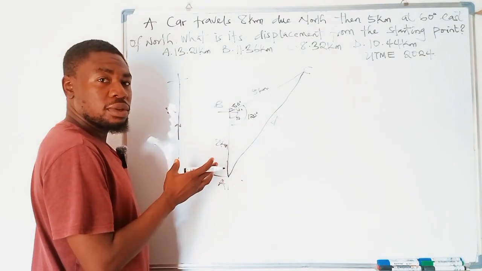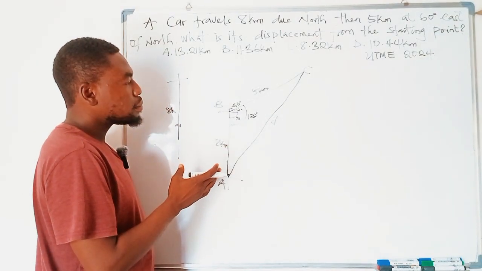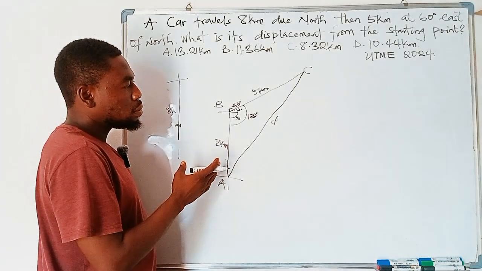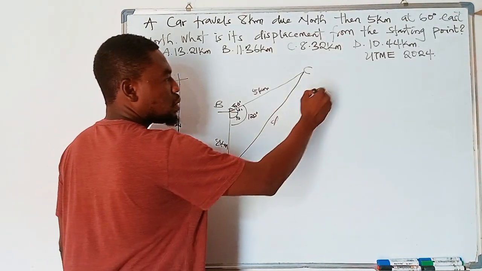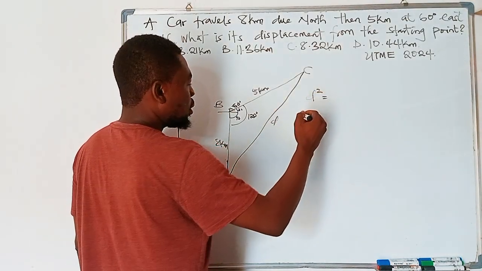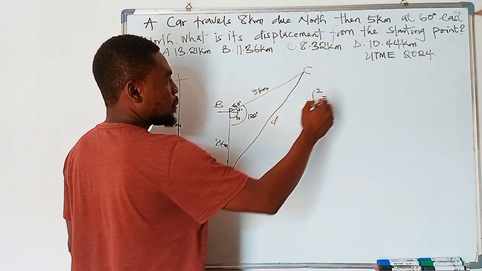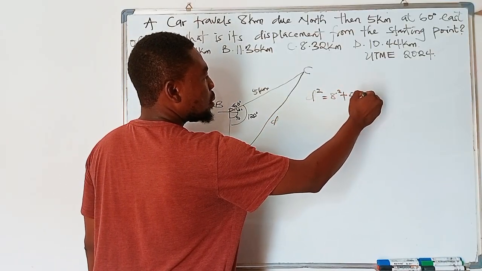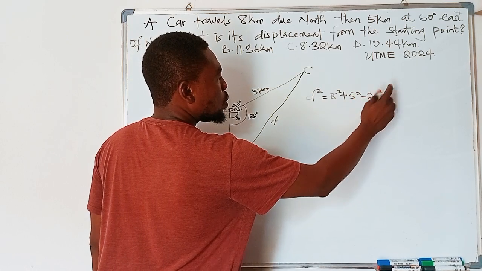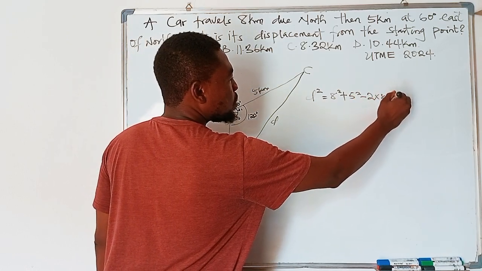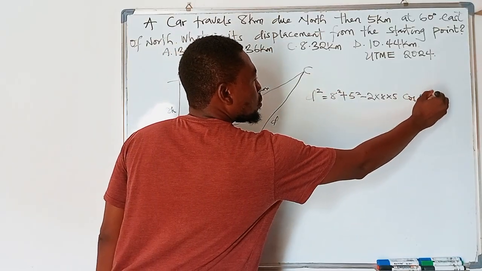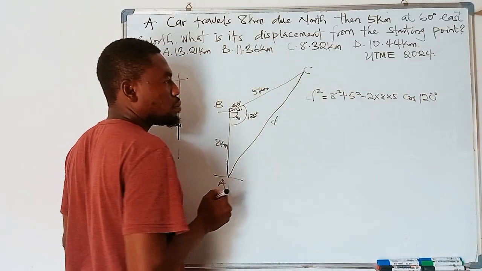This clearly looks like something we know in mathematics, right? So we can easily use our cosine rule. Cosine rule says D squared is equal to 8 squared plus 5 squared minus 2 times 8 times 5 cos 120.